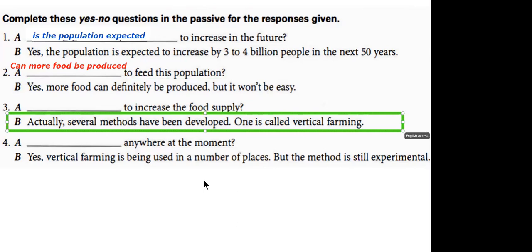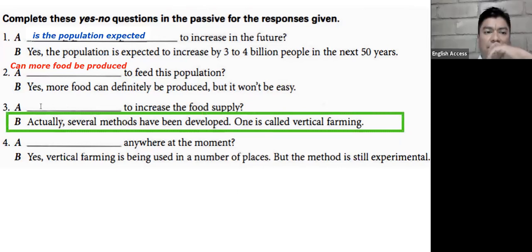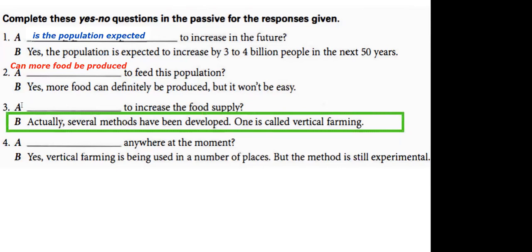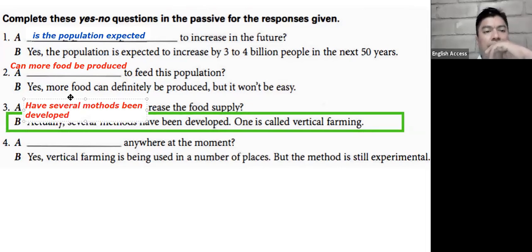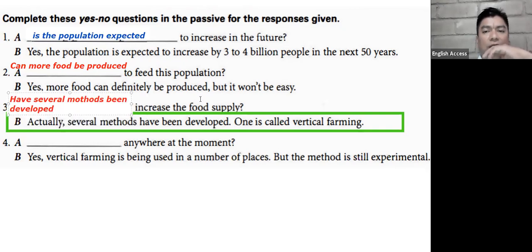Have several methods been developed? One more time. Have several methods been developed? Okay. Actually, the adjective is a little strange there.